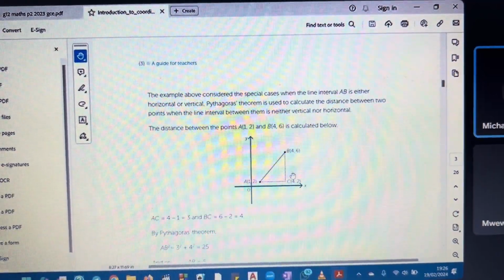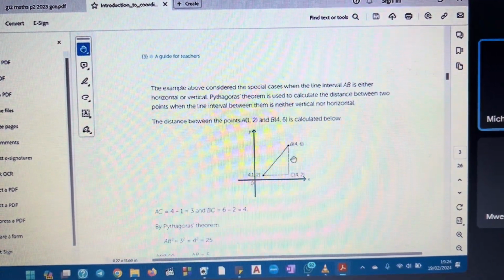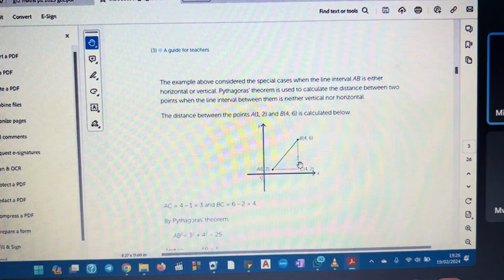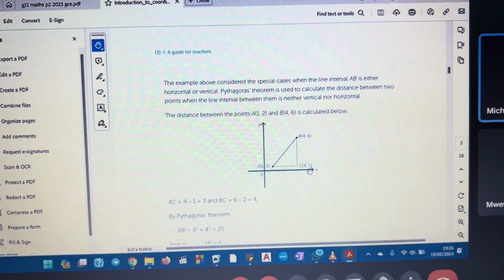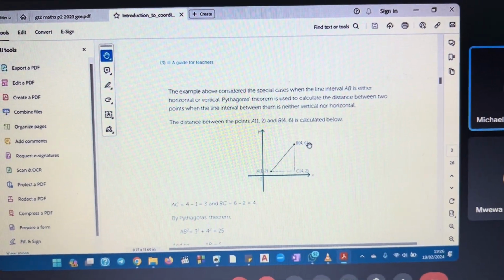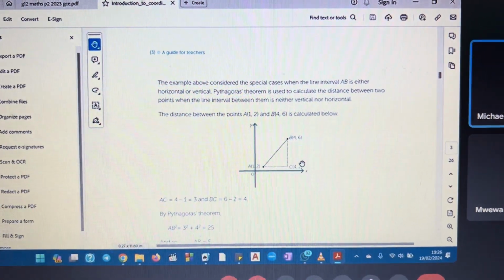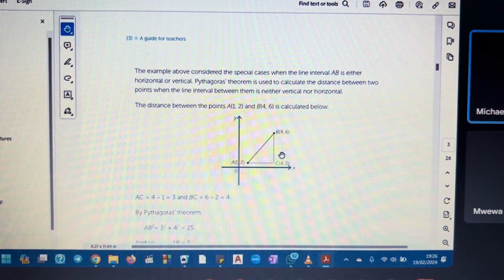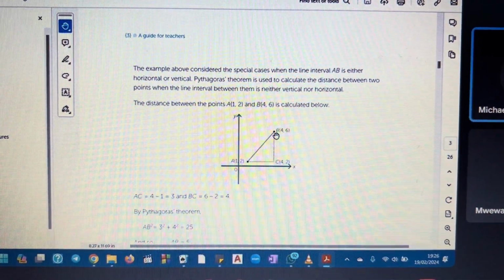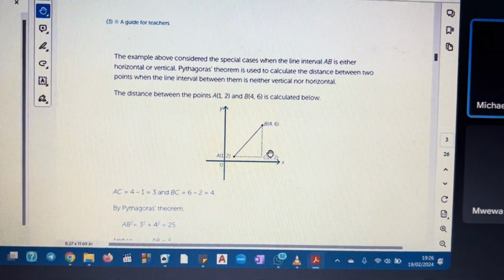So if you see there's 4 there, there's 4 there, meaning there's no change in the x. So to get the distance from there to there, we subtract the smaller number from the bigger number. So in this case, we have 6 here, we have 2 there. When we subtract the 2, we have a 4. So 6 minus 2 is equal to 4. So the distance from there to there is a 4.